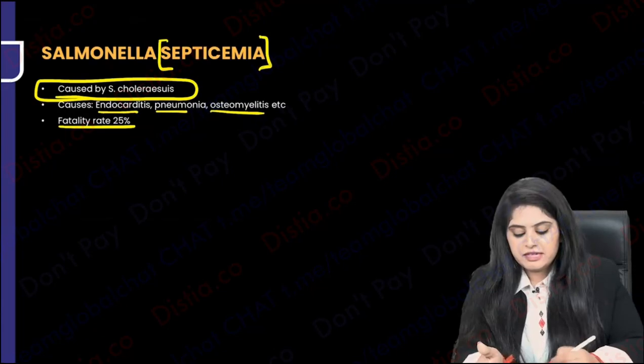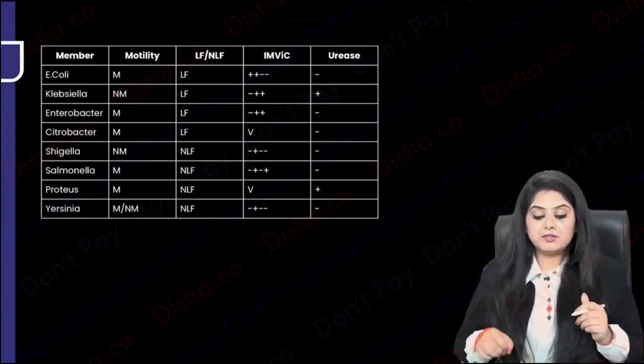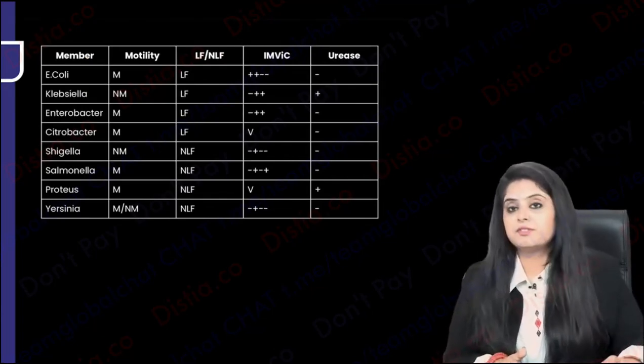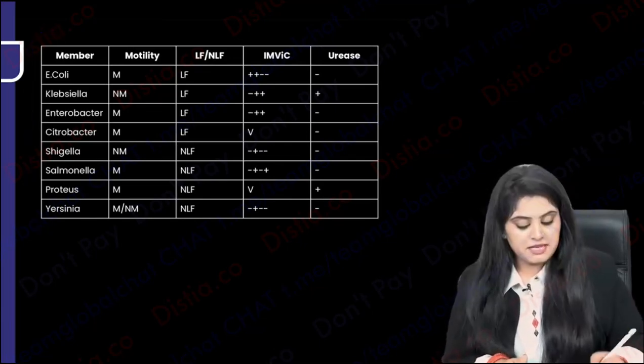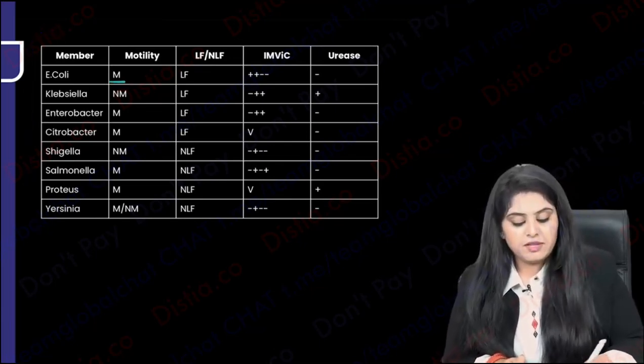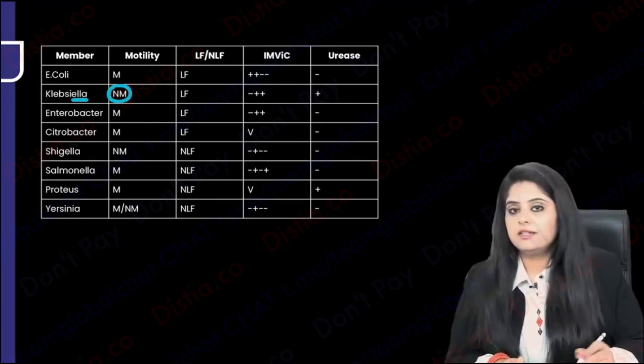With that, we have definitely wrapped it up, but this one table is very interesting for me, which I have to pick up because I know students are scared of this the most. I've got you all the members of this family. First, tell me, remember I told you all of them are motile. Which are non-motile? I said Shigella and Klebsiella, non-motile.